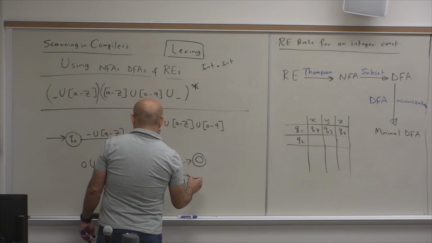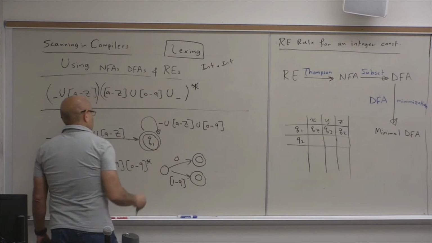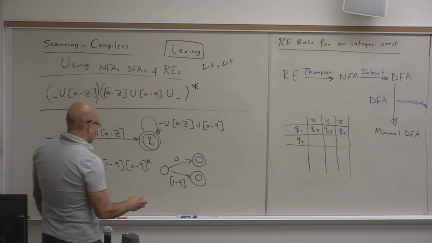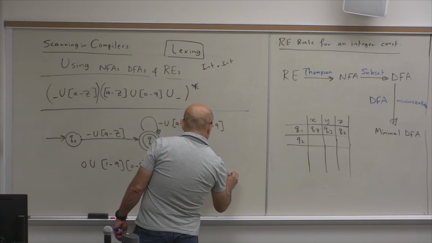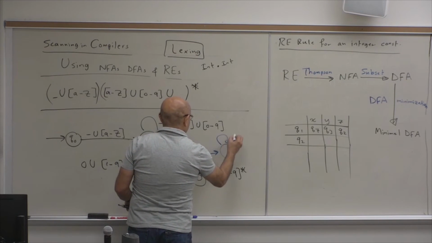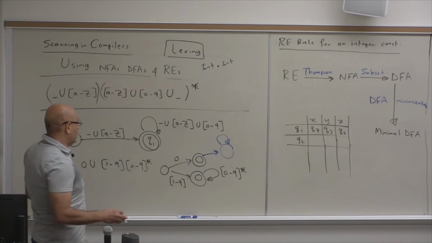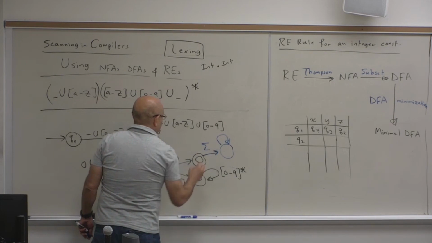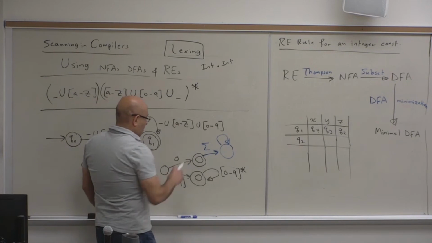By the way, this should be an accept state. Then you have 0-9 star. Here, if you get any sigma, you should go to a trap state.